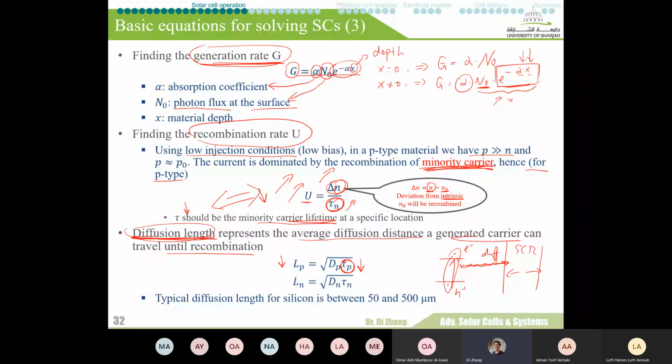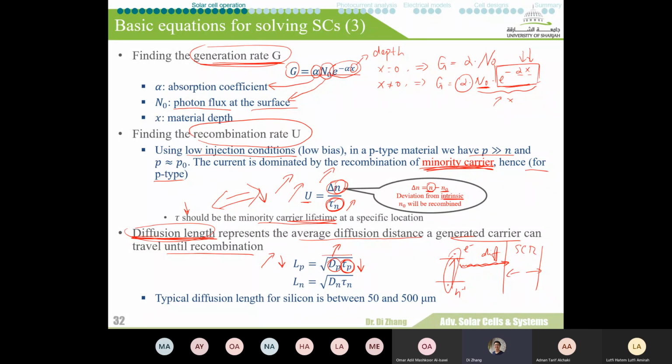Okay, and then we also have the diffusion coefficient here. On the other hand, for some materials it is very efficient for the carrier to diffuse inside. They can diffuse a long distance before any kind of recombination. So the larger the diffusion coefficient you have, the longer the diffusion length. That is another thing you see here directly.